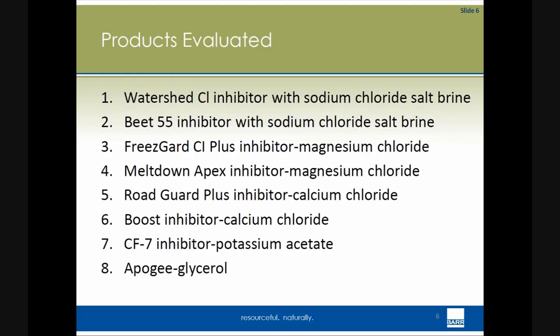B55 inhibitor with sodium chloride salt brine, Freeze Guard with magnesium chloride, Meltdown Apex with magnesium chloride, Road Guard Plus, which includes calcium chloride, Boost inhibitor with calcium chloride, CF7, a potassium acetate-based product, and then Apogee, which is a glycerol-based liquid de-icing product.